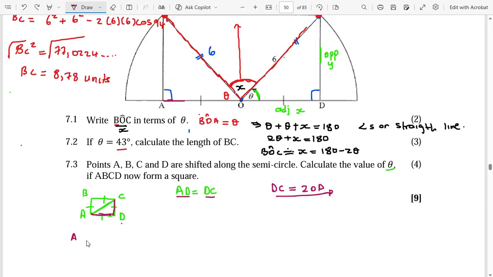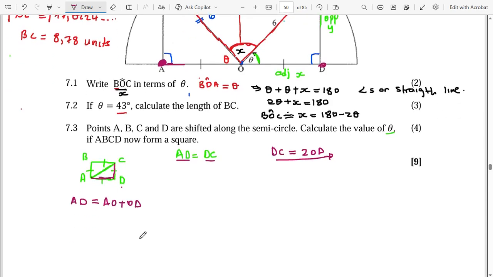The line AD, which is from this point to that point, is equal to the sum of AO plus OD. But AO and OD are equal, so instead of saying AO, I can say OD plus OD, which makes AD to be 2 times OD.